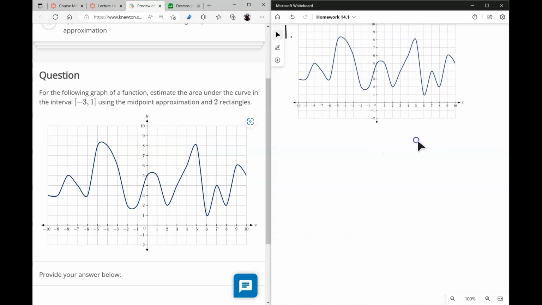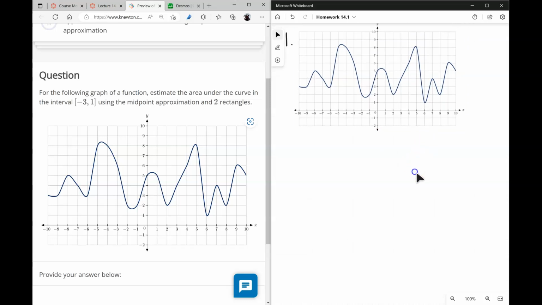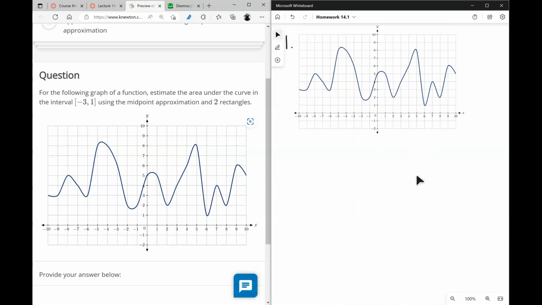All right, so the question is to use the midpoint with two rectangles, and to start we're going to consider that interval from -3 to 1. My A is equal to -3, my B is equal to 1, and N, the number of rectangles, is 2, and therefore we can immediately compute delta x using this formula.